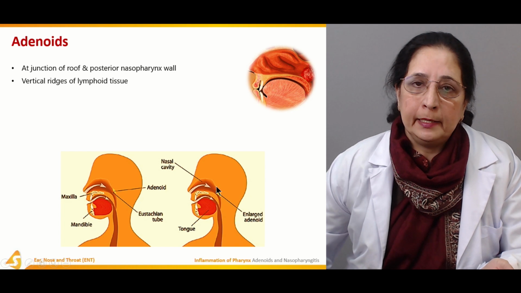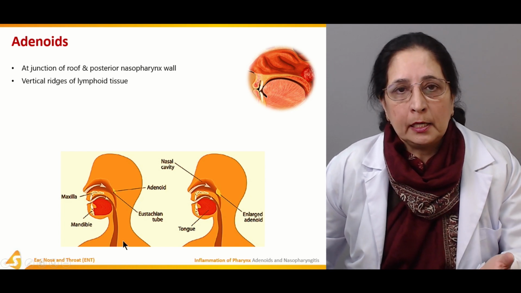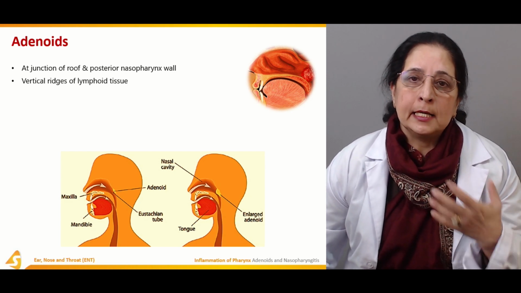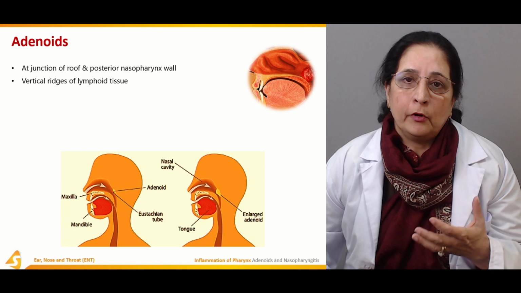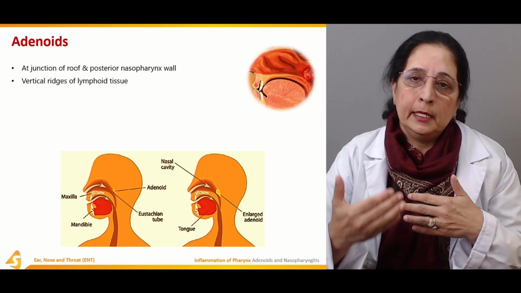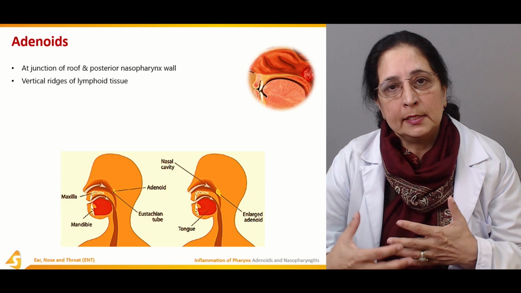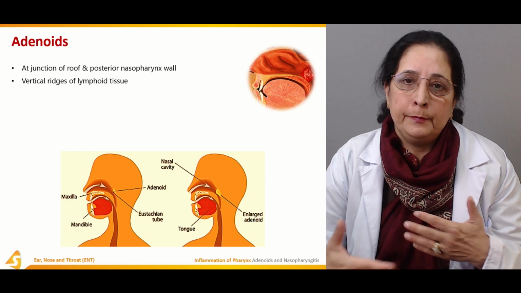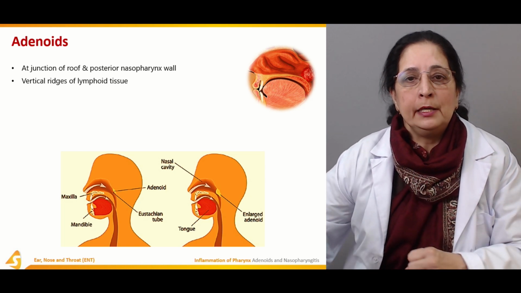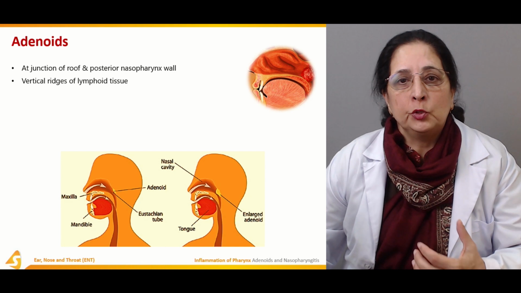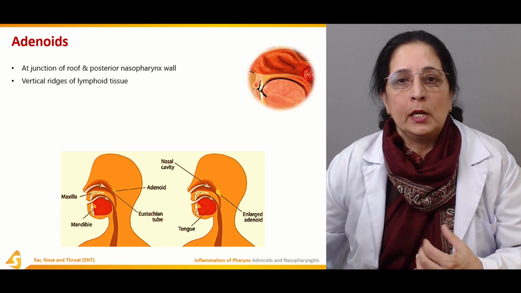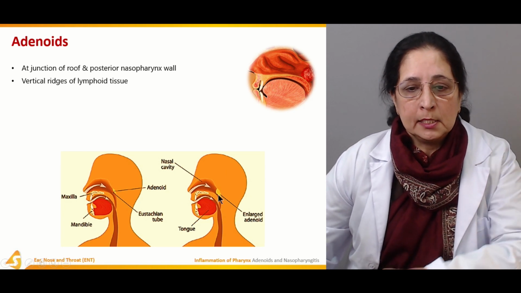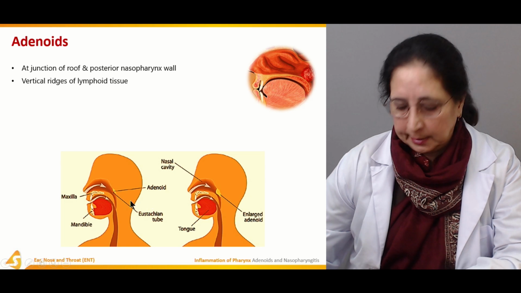Our tonsils are lymphoid tissue, adenoids are lymphoid tissue, and the thymus gland present in the neck is a lymphoid organ. At puberty the thymus gland atrophies and shrinks, because the immunity has developed. So all these are lymphoid organs that play an important role in developing the immune system. This is the location of the adenoids.